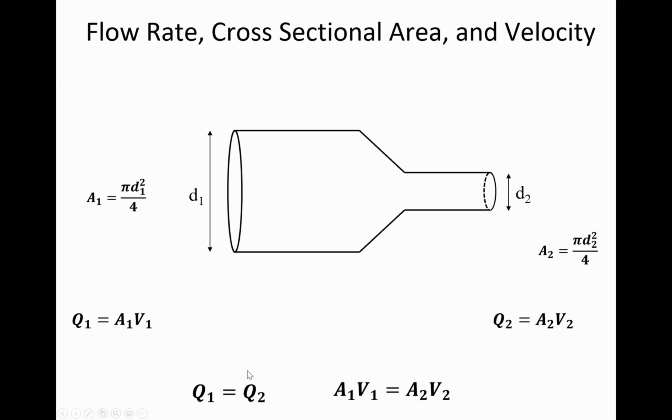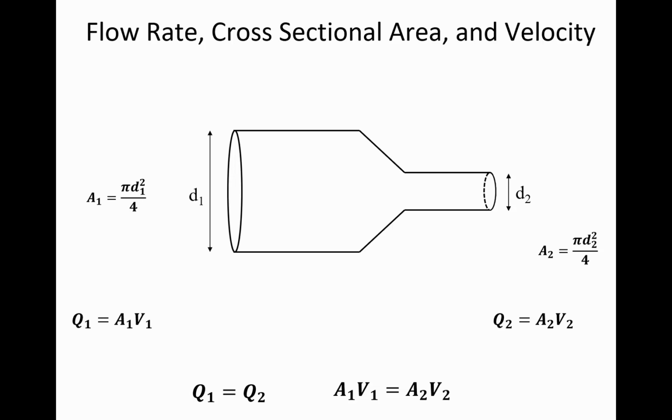The other way to think about that is that if you multiply the cross-sectional area at 1 and the velocity at 1, then that's going to be equal to the area and velocity at 2. So if the area goes down, the velocity will go up. Right? You kind of already knew that. This is the fancy equation way of calculating precisely how much the velocity is going to increase.